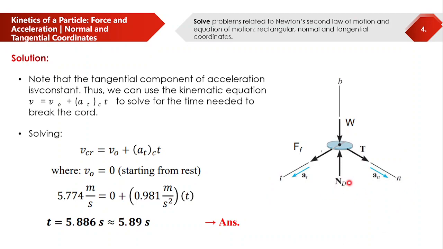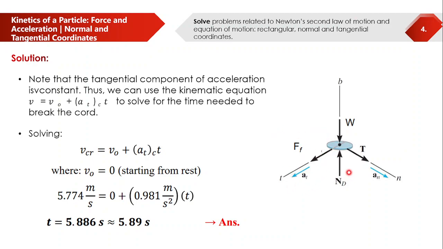Okay? So after we draw this one, we solve the unknowns on each axis, di ba? Sa tangential axis, tangential component, we did determine the friction force, since this is not given by the problem. We are only given the coefficient of friction. Then from this, we did also relate the value for our acceleration sa disk.